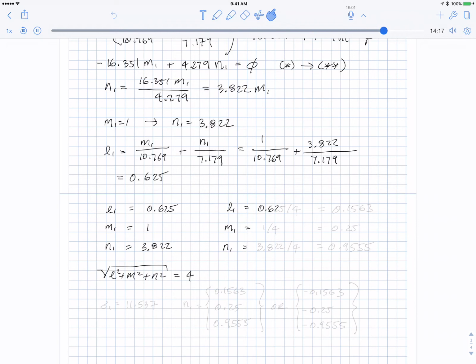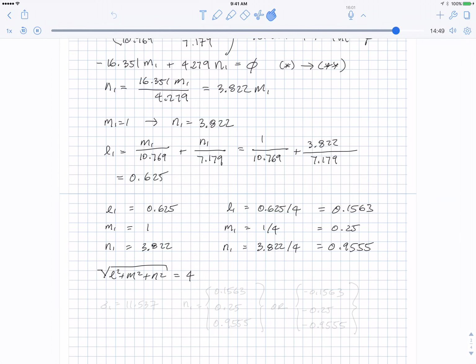So we'll do this, and we get 0.1563, a quarter, and 0.9555.